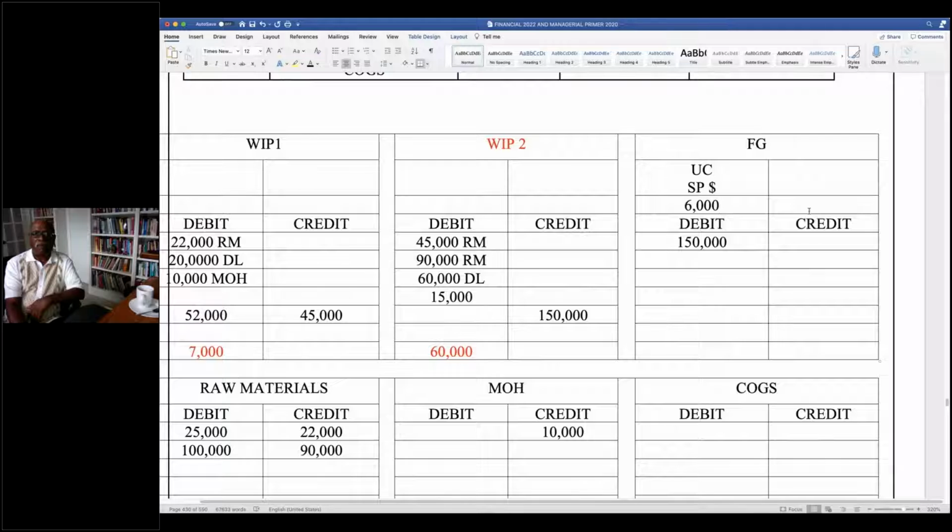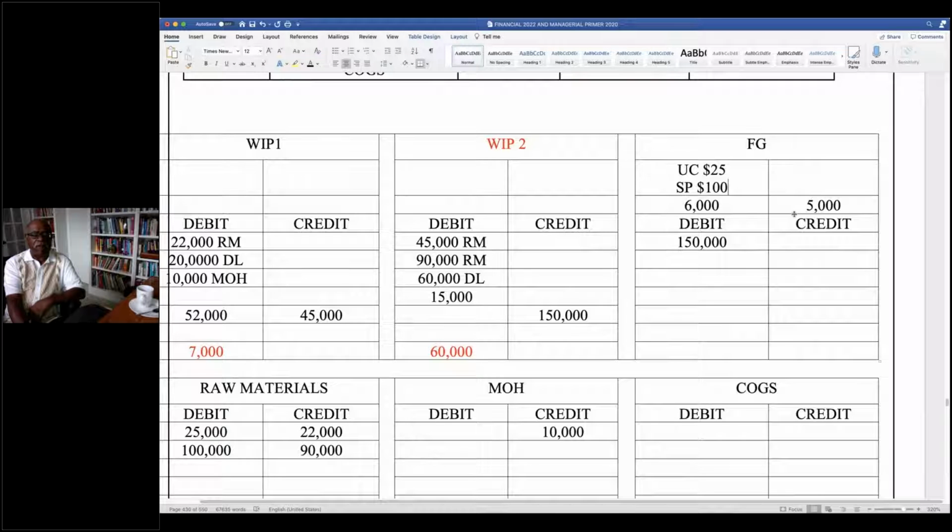Yes, 6,000, and then we divide the 150,000 by the 6,000 to get our unit cost, which is $25. Then we multiply that by 4 to get our selling price, because it told us earlier that our selling price is 4 times the unit cost.